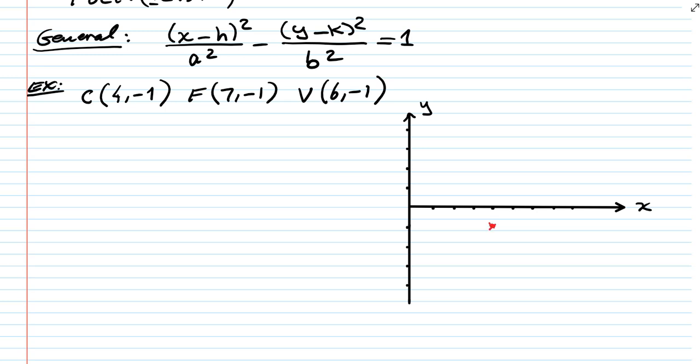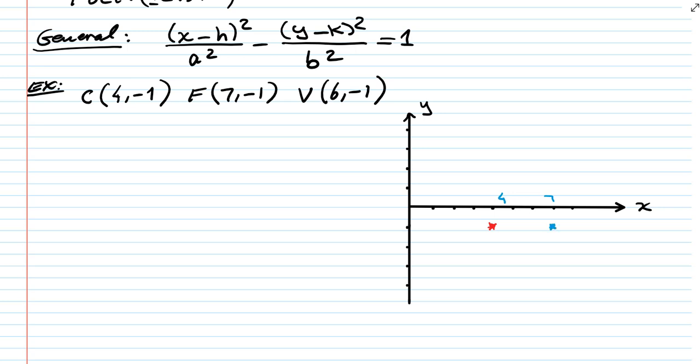That is the center of this hyperbola. The next point is one focal point, which is at 7, negative 1. So let's see, 4, 5, 6, 7 would be this one. That's 7, and 7, negative 1. So that's one focal point.